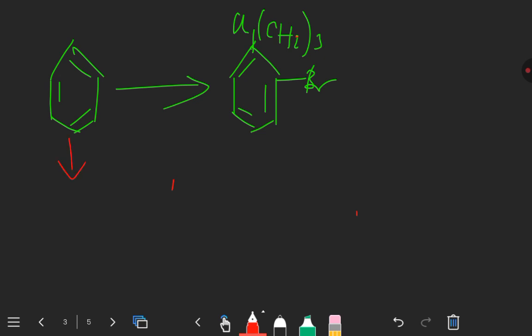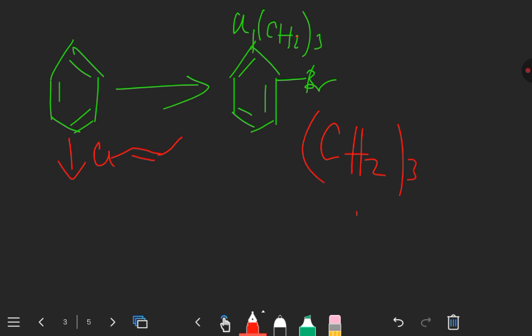So we're going to use the same, just a chloride attached to a group of this nature. Okay, so this is what we basically have, and that was CH2 3.